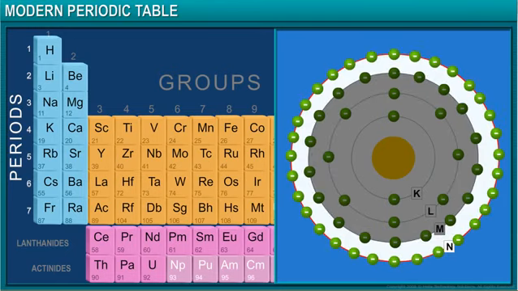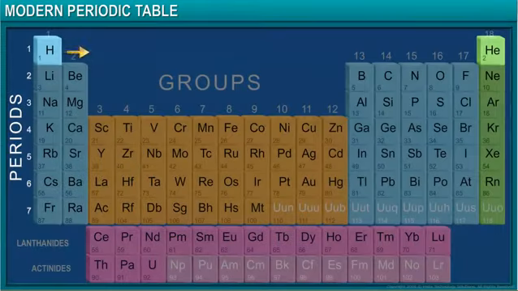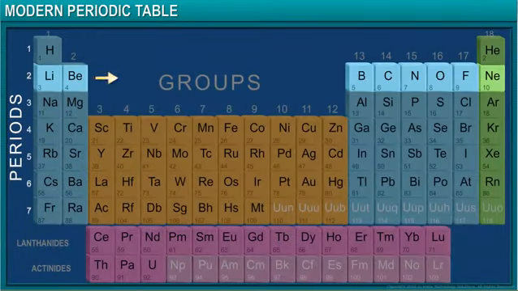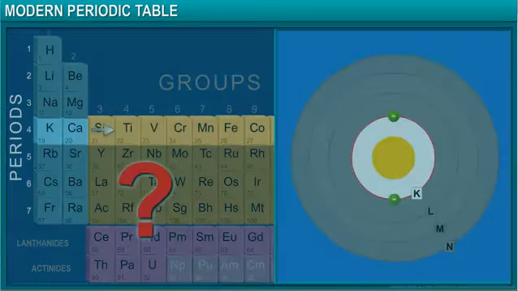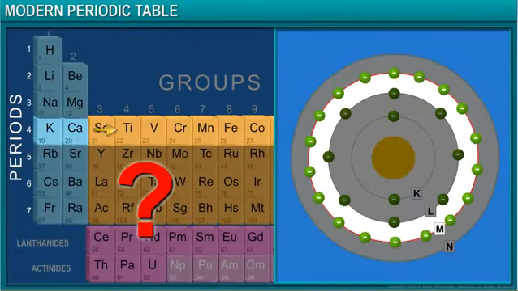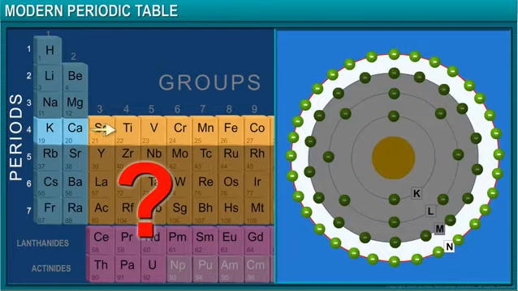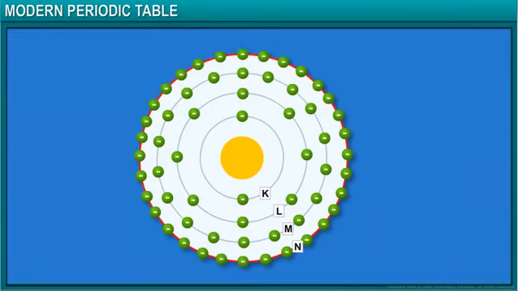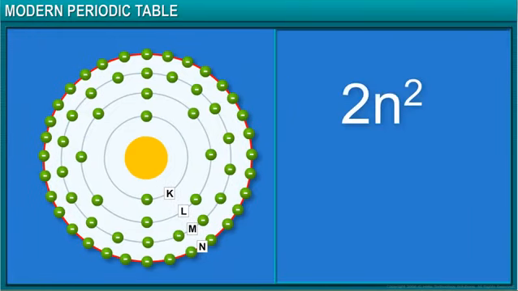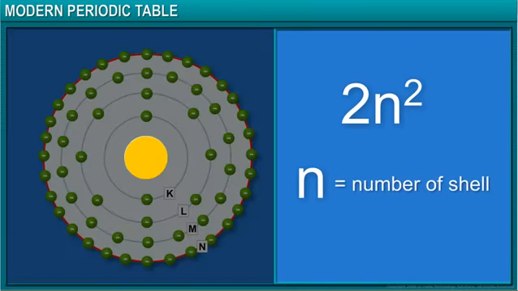Let us see how many elements are present in different periods. For example, first, second, third, and fourth periods. This can be explained on the basis of how many electrons are filled in various shells. We know that the maximum number of electrons that can be accommodated in a shell is given by 2n raised to the power of 2, where n is the number of the given shell from the nucleus.